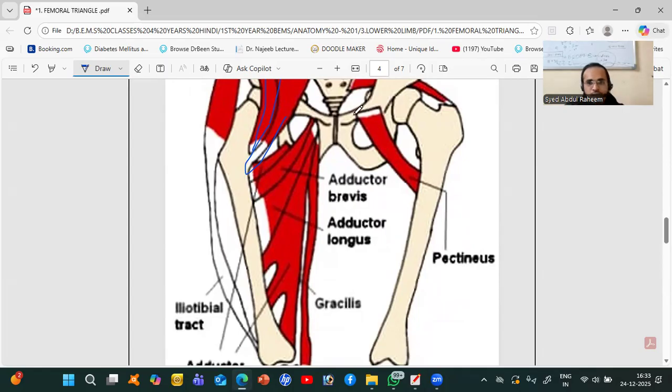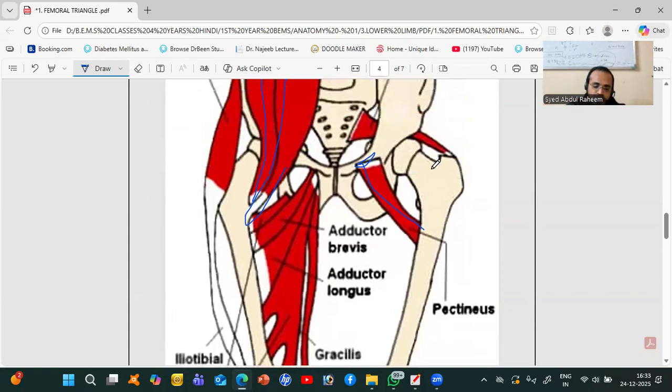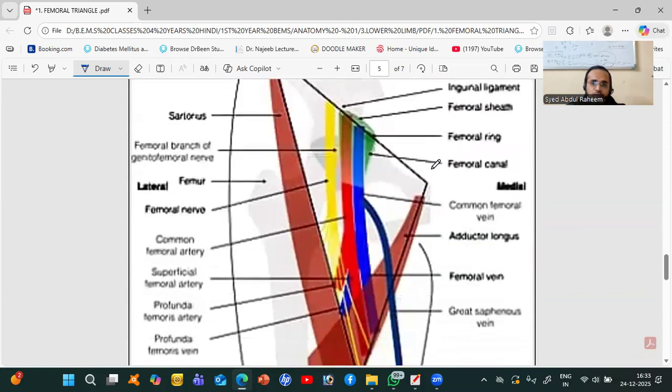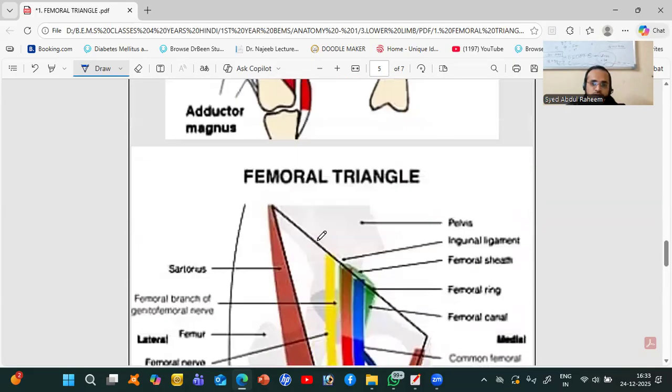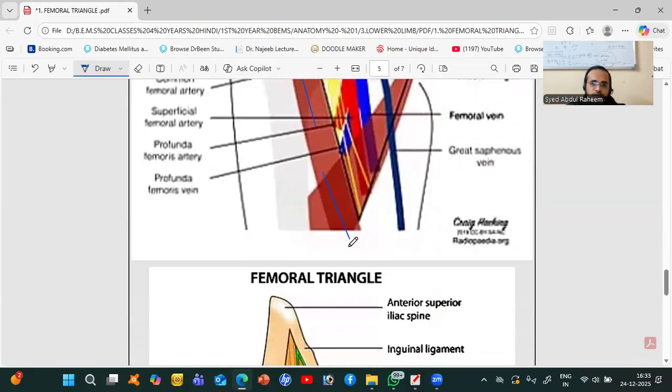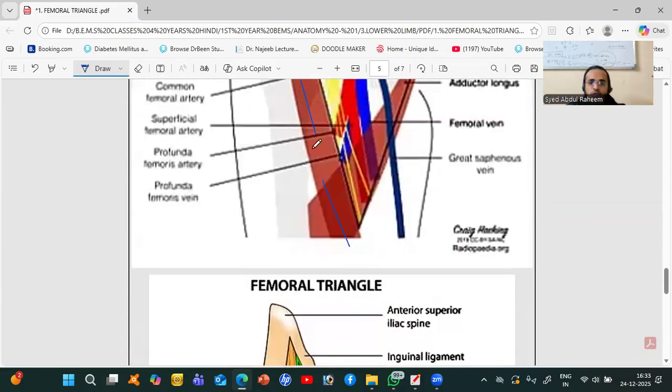You can see it goes from pubis to the shaft of the femur. And the sartorius muscle, you can see, is going to the tibia.